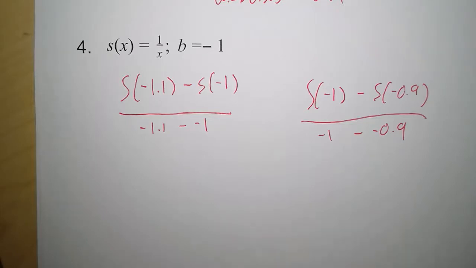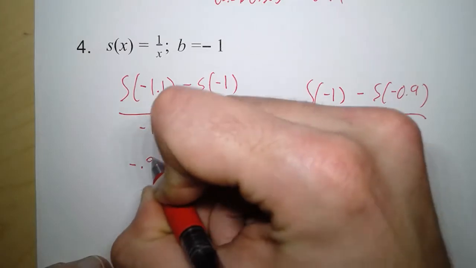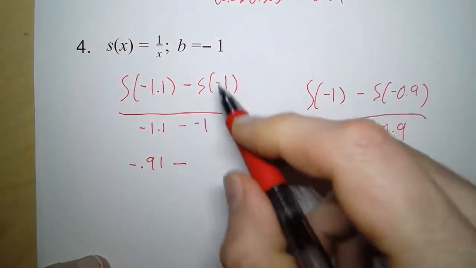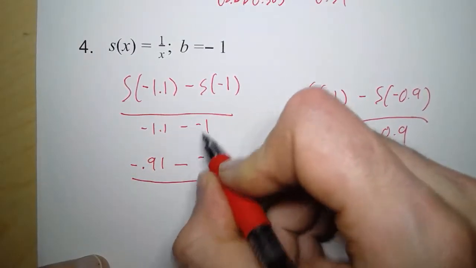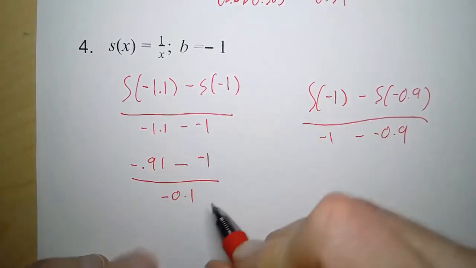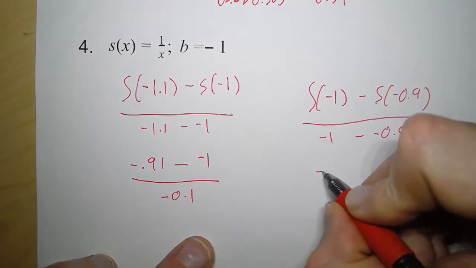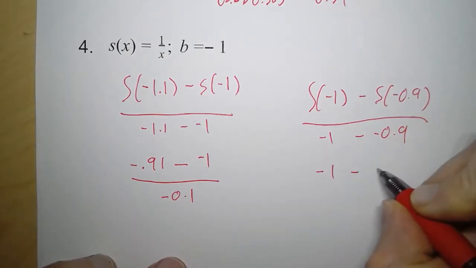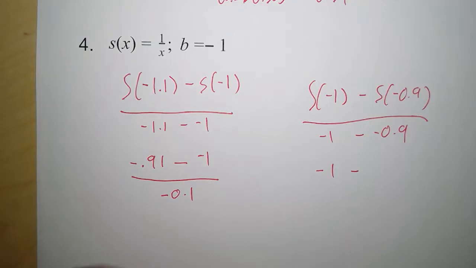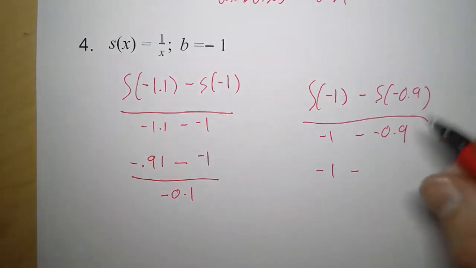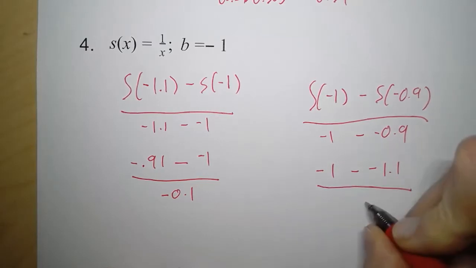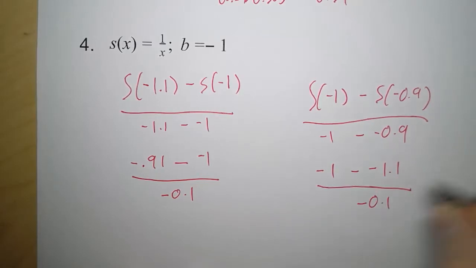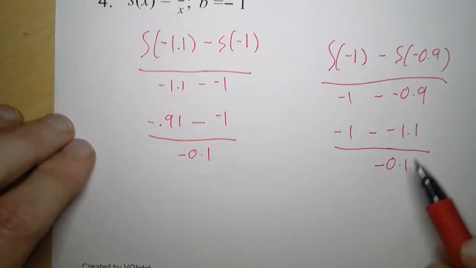So we plug in 1.1, and we get negative 0.91 minus, plug in 1, we get negative 1. Notice here that it is negative 0.1 in our denominator. Negative 1 minus, and here we get negative 1.1 repeating. Here also we have negative 0.1 in our denominator.